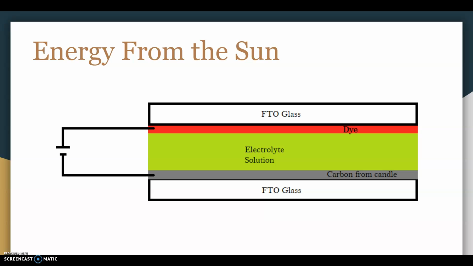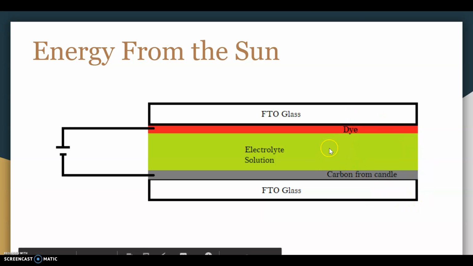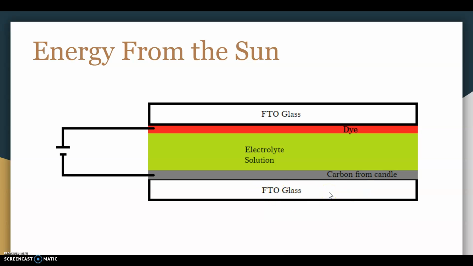Looking at a diagram of the solar cell, there is an electrolyte solution sandwiched between two pieces of glass, and they're called FTO glass because they're coated with a special titanium oxide coating, which conducts electricity.